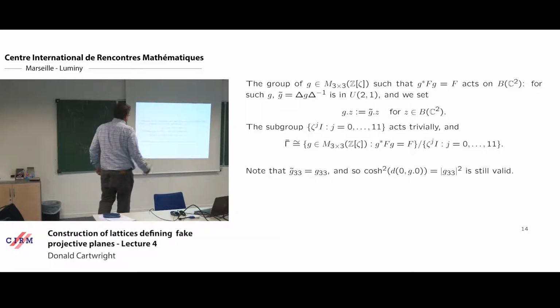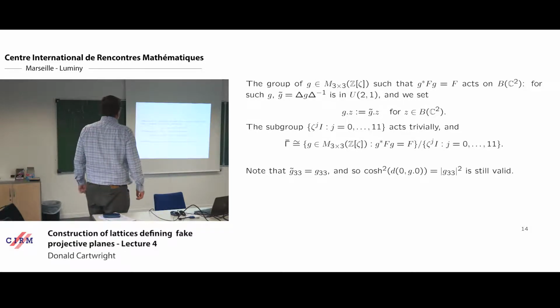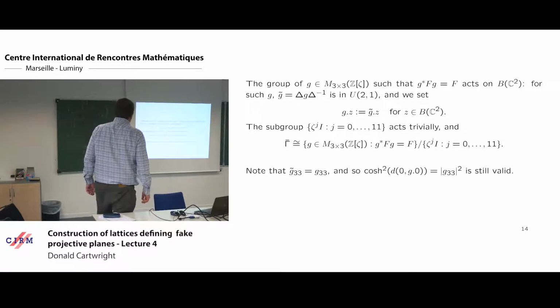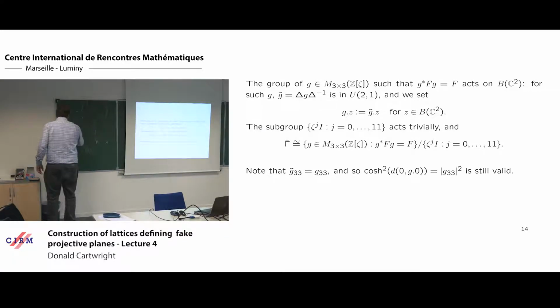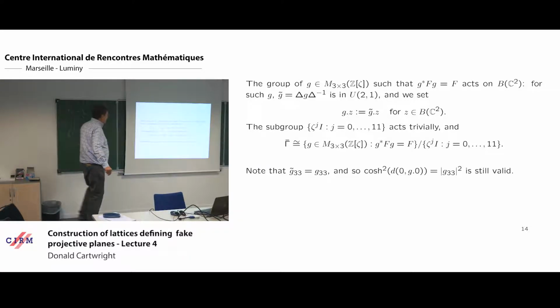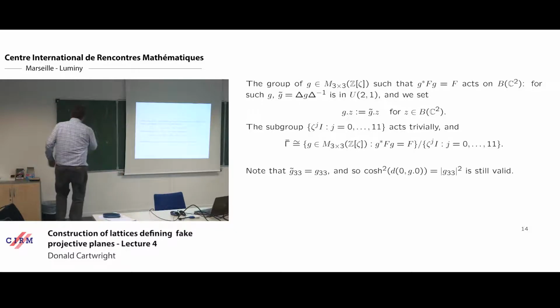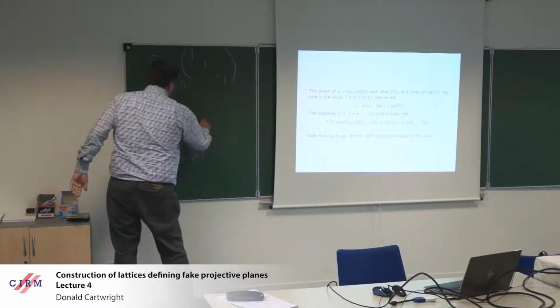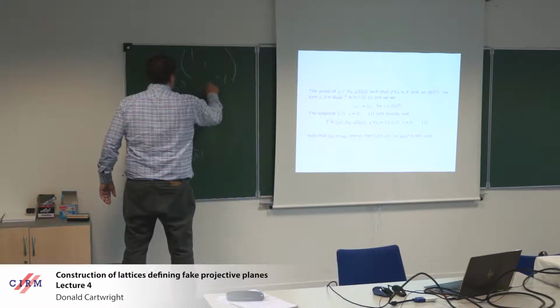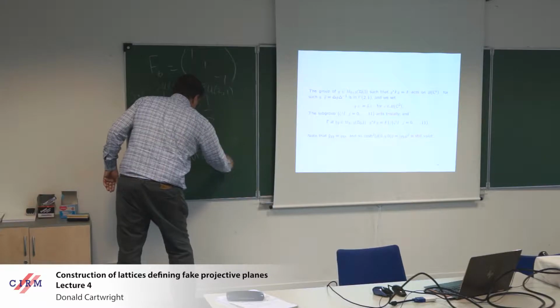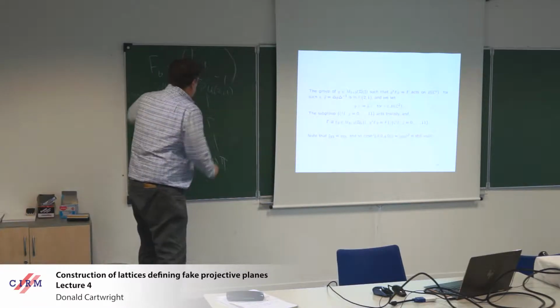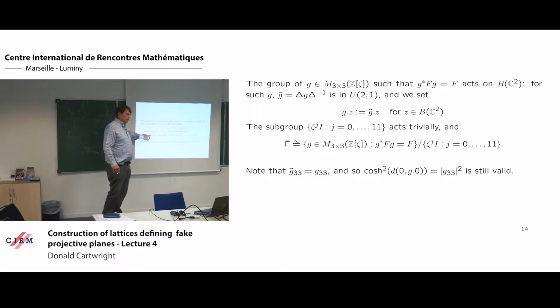So scalar multiples of the identity act trivially, so this finite group here acts trivially, and so one convinces oneself very quickly that gamma looks like the ones satisfying this, and its image, gamma bar, is isomorphic to this.